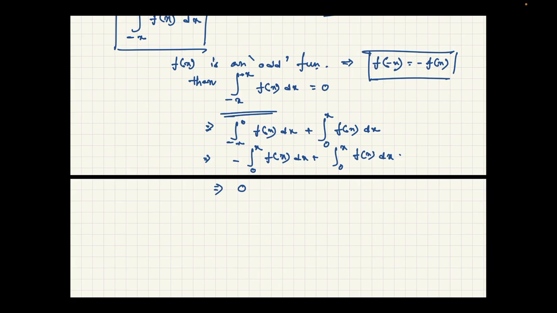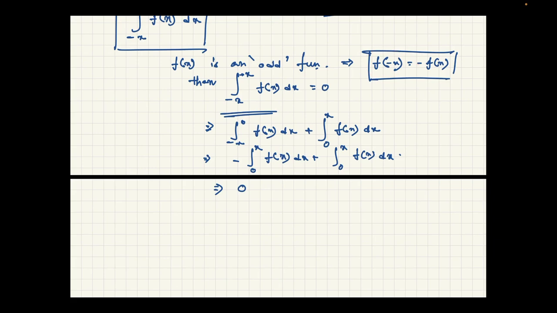So here f(x) is not symmetric with respect to the interchange of x to minus x, right? That means the inversion symmetry. So f(x) is not symmetric with respect to the inversion symmetry operation, because here you are changing x to minus x, then your functional value will get changed from f of minus x to minus of f(x), okay?